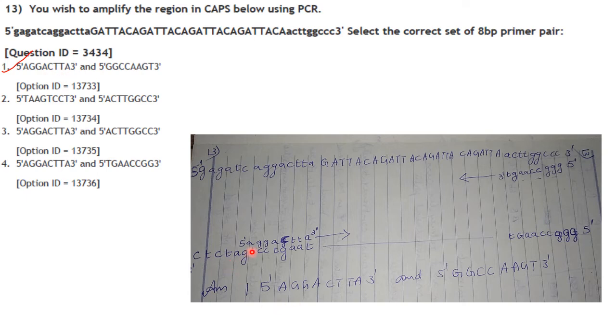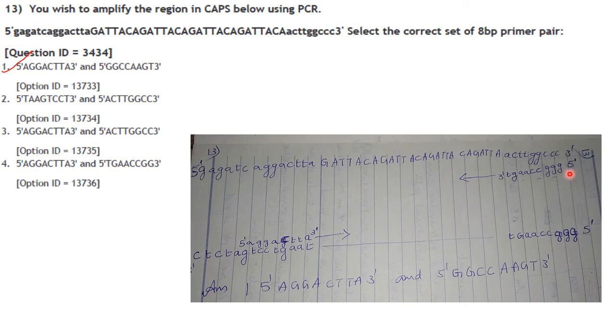And this, complementary to the second strand, will be your forward primer in the 5 prime 3 prime direction, and it will be similar in sequence to the first strand, that is this one, in the 5 prime 3 prime direction, that is A, G, G, A, C, T, T, A. Now see for the reverse primer.